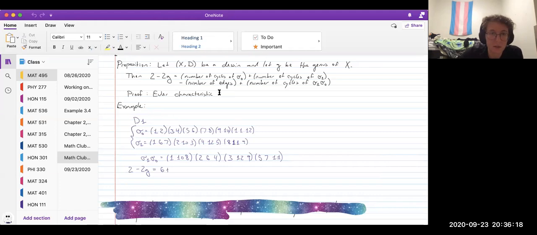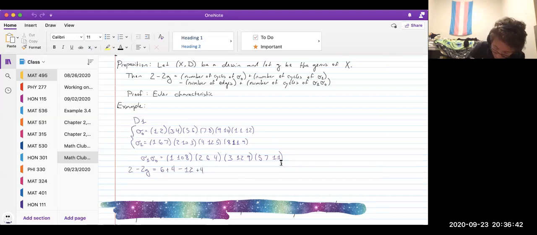Plus the number of cycles in sigma 1, which is 1, 2, 3, 4, minus the number of edges, which is just 12, because that's all we added up, plus the number of cycles in sigma 1, sigma 0, which is 1, 2, 3, 4, so plus 4.